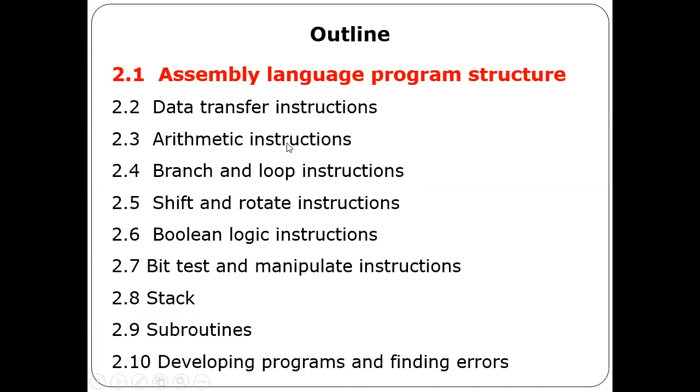If you remember, I explained how you can do addition, subtraction, division, multiplication, clear, how you can set some flags, complement, negate, all these instructions. And then in this section, and I think this section is the most important one, I explained branch and loop instructions, different kinds of branches, and compare and the branches.